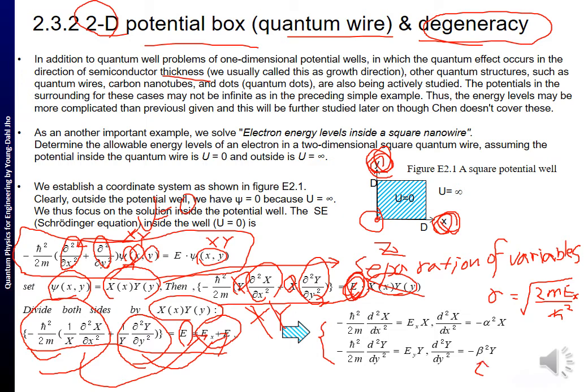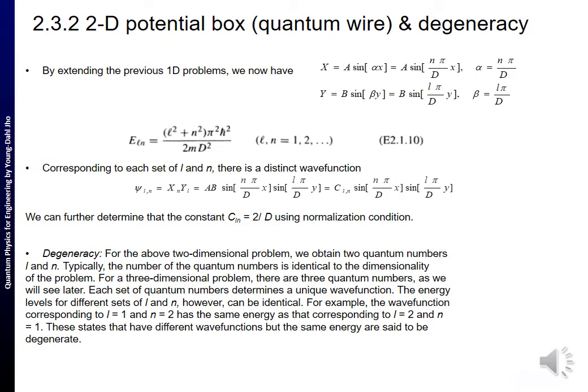Likewise, beta is the square root of 2m EY over h bar squared. Then we have the solutions: X equal to A sine alpha x, Y equal to B sine beta y.